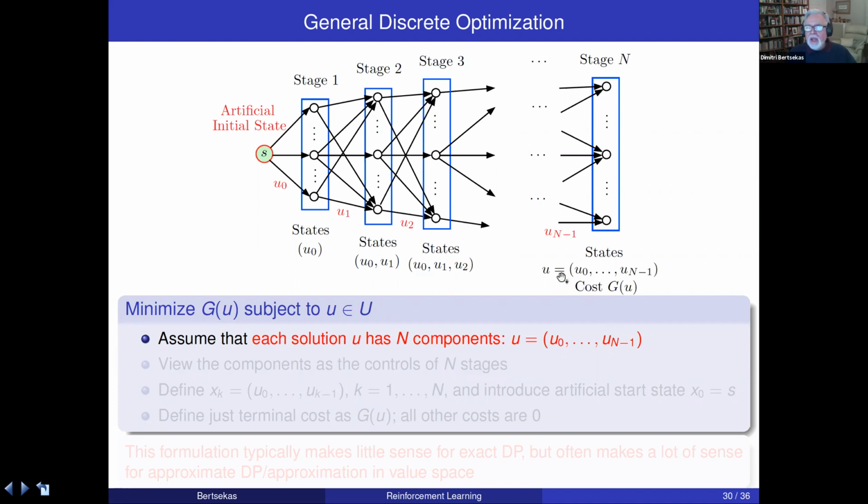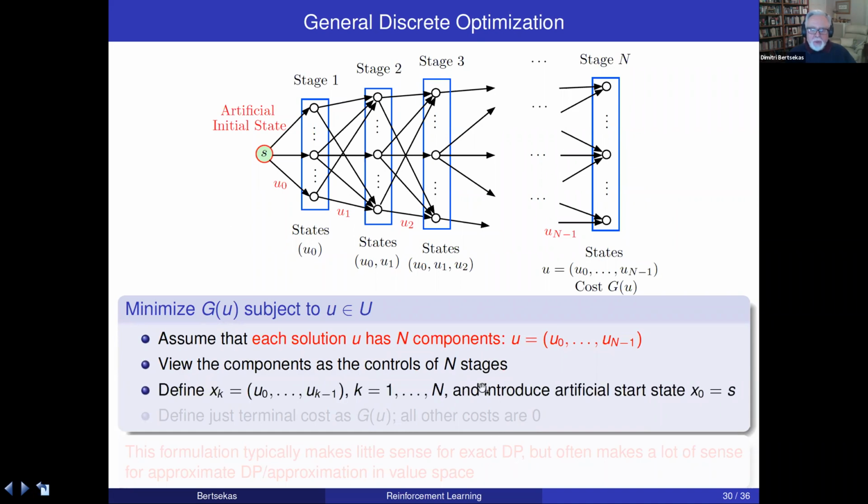At the end of the final stage, we get complete solutions, which have a corresponding cost, and the cost here is just the terminal cost. So just as we had partial tours for the traveling salesman problem, here we have partial solutions for an arbitrary discrete optimization problem.